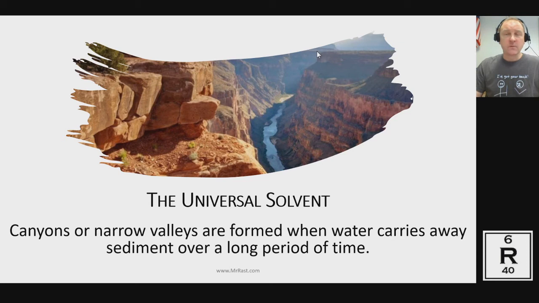Water would be running and cutting down through thousands and millions of years, and we can see canyons and small valleys being formed. So canyons and narrow valleys are formed when water carries away sediment over a long period of time. And that's another geographical feature that's caused by water's movement.